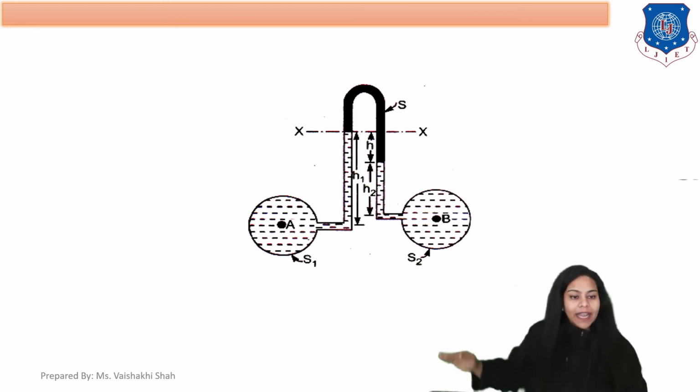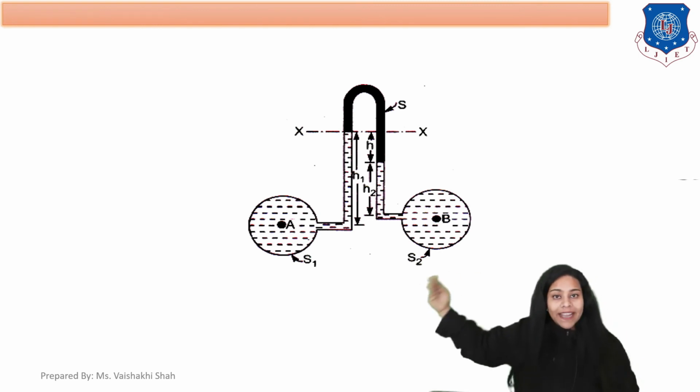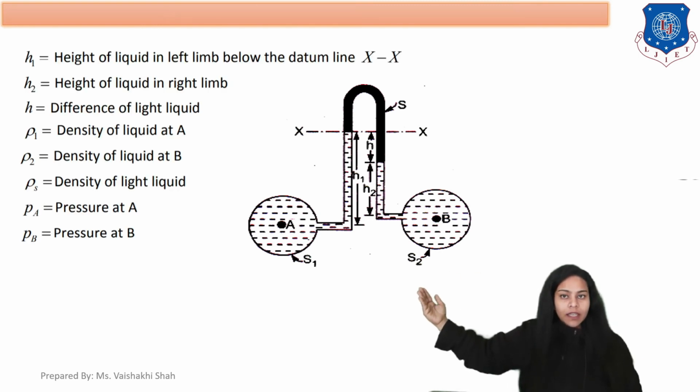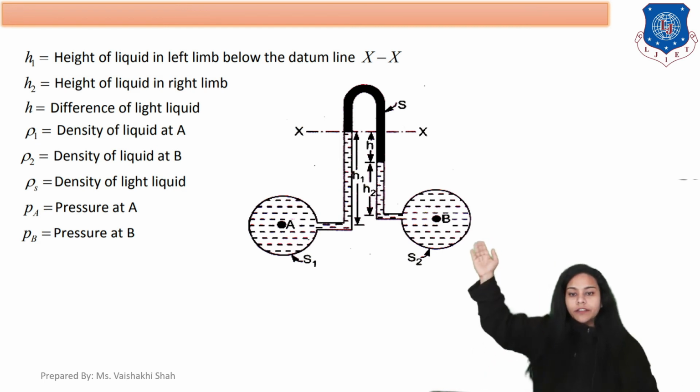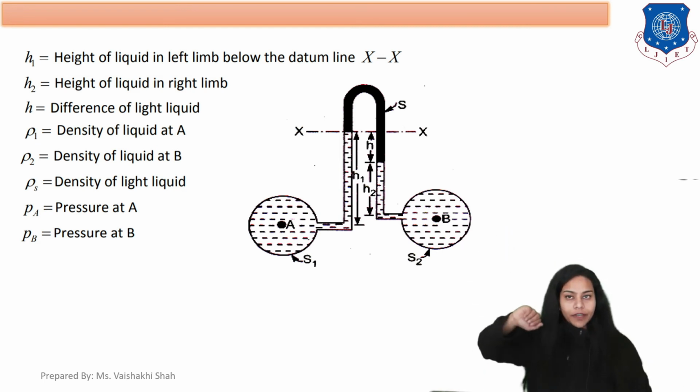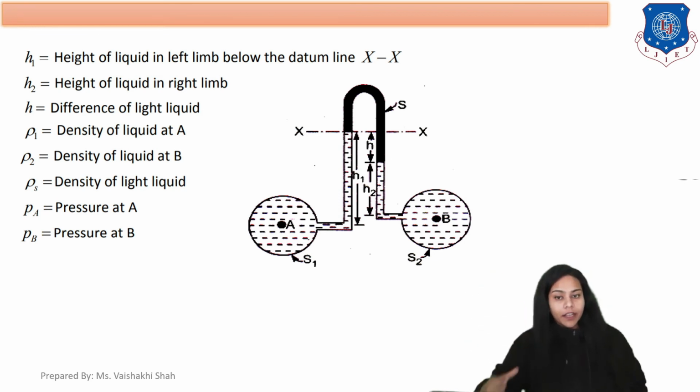Okay. The height of fluid in the left column is H1. As you can see, H1 is the height of liquid in the left column below the x-axis. H2 is the height of liquid in the right column. Small h is the difference in height of the manometric liquid.